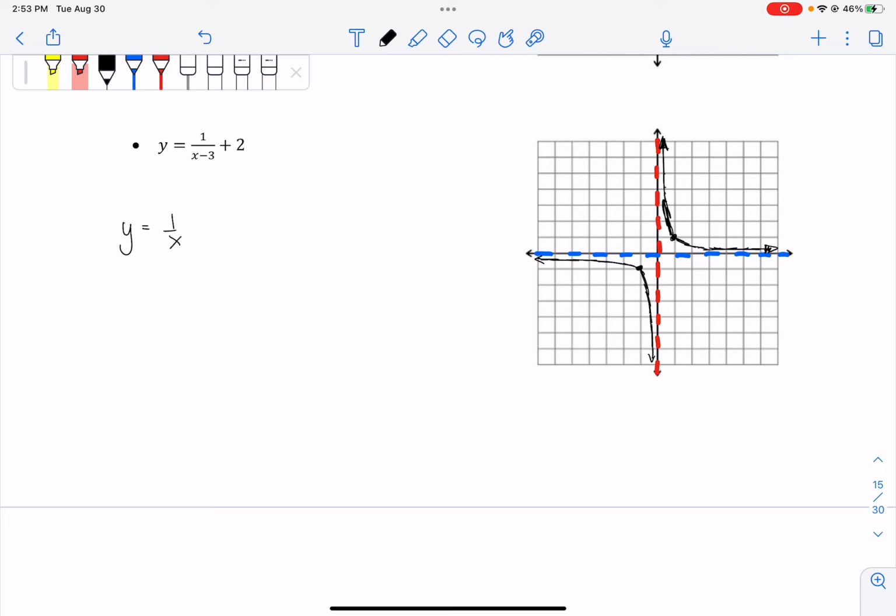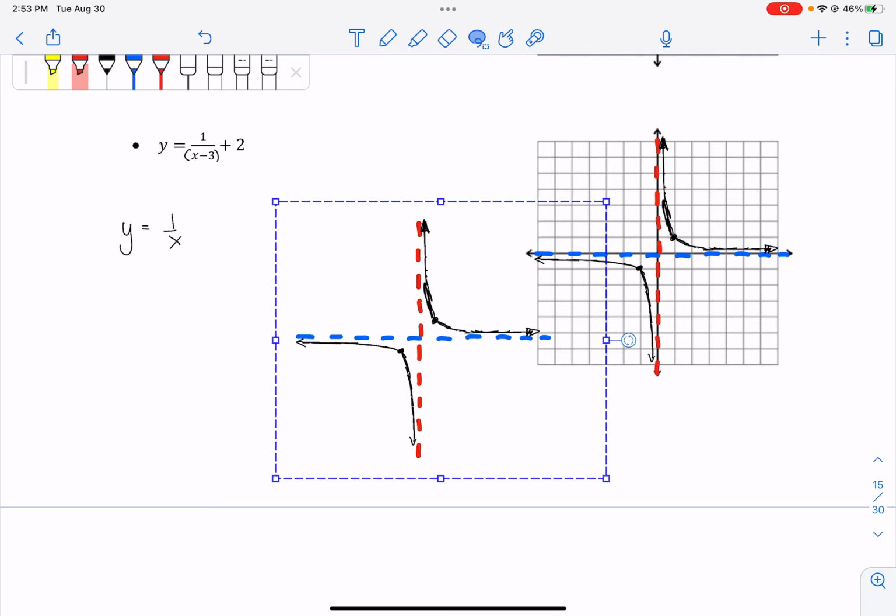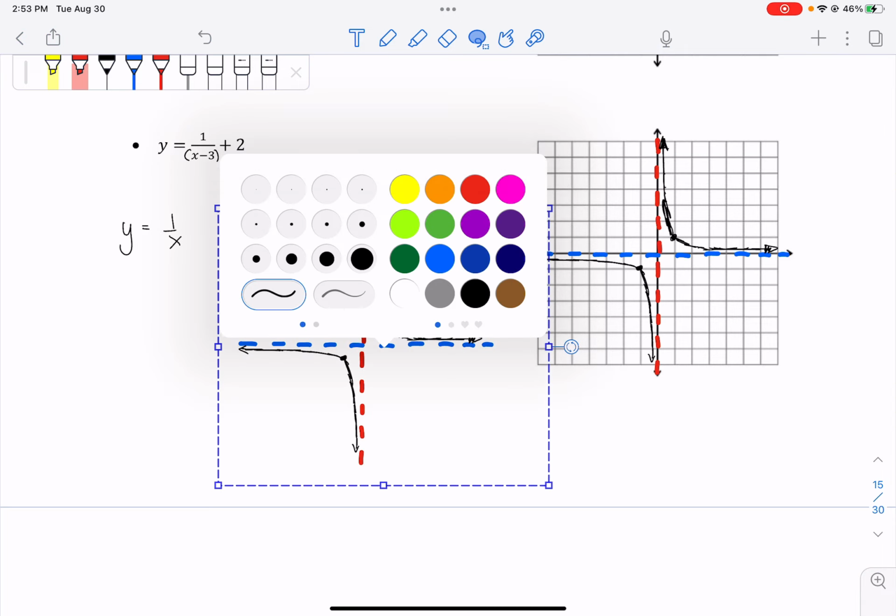All right, so there's a bracket over here because it's attached to the x. This is 3 to the right and 2 up. So I'm going to copy this over here, duplicate. Maybe I'll make them all a different color, make them pink.